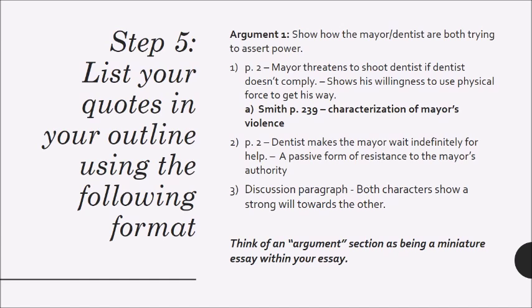Then notice that bullet point number 3 is not actually a quote in this particular argument. Instead, the final bullet point for any given argument is going to be a discussion paragraph. In your discussion paragraph, you will take the time to review all the quotes, all the paragraphs from this particular argument.